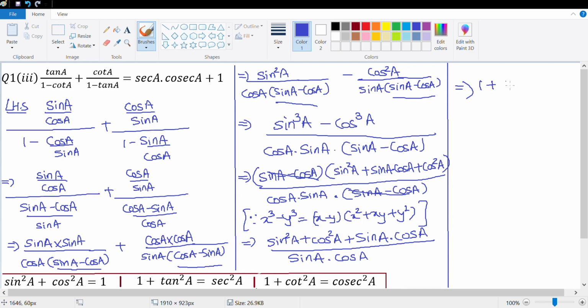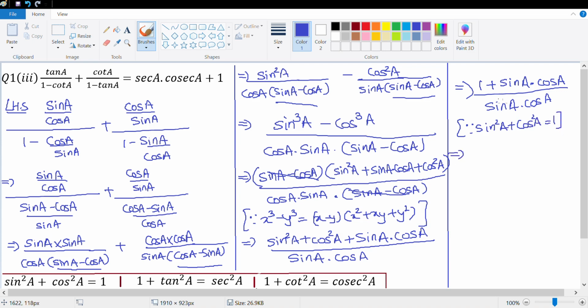So the numerator is 1 plus sine A dot cos A upon sine A dot cos A. Now the reason for this is, since sine square A plus cos square A is equal to 1.